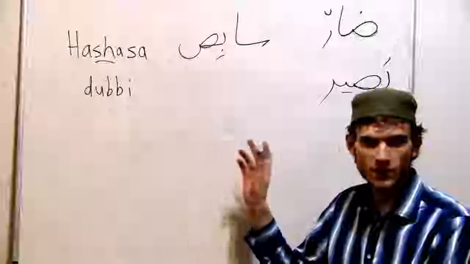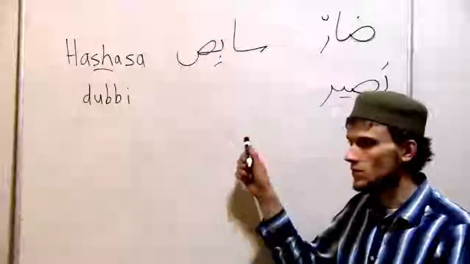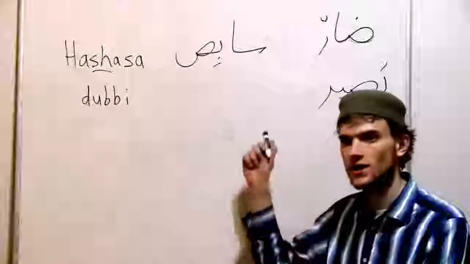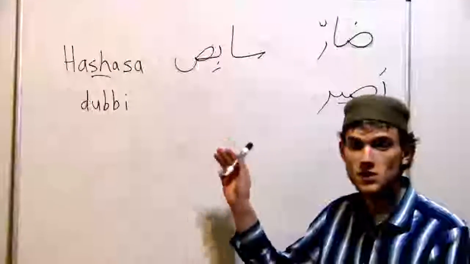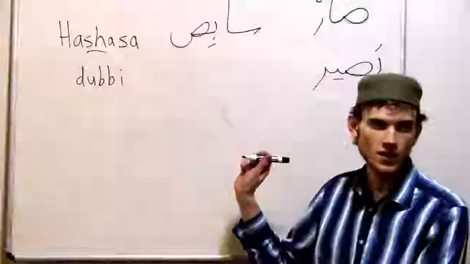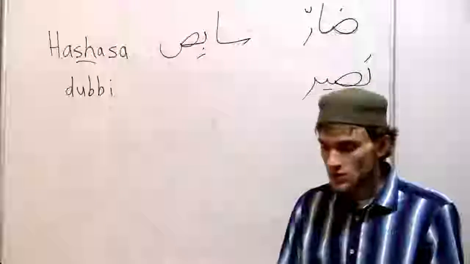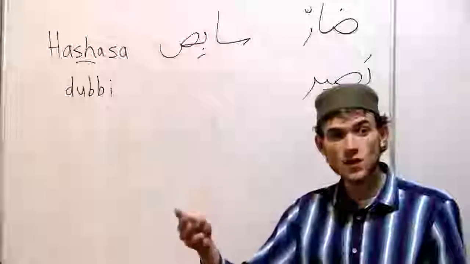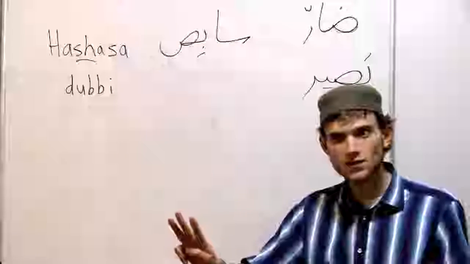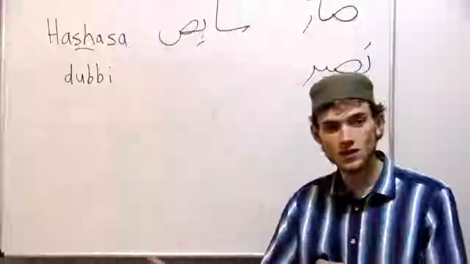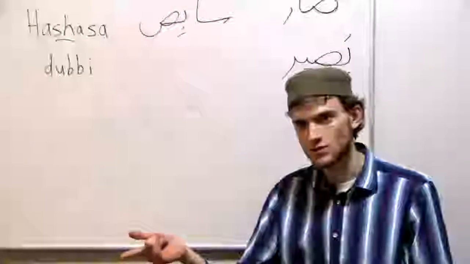So for example, we have ba, ta, tha, right? With ba, there's a dot under the line, ta, 2 dots over the line, tha, 3 dots over the line. Similarly, jim, under the line, ha, no dots, kha, 1 dot over the line, right? So when we say seen, sheen, sad, dad, we know that sad doesn't have a dot, and then after it comes dad, which does have a dot. Dad has a dot, right?